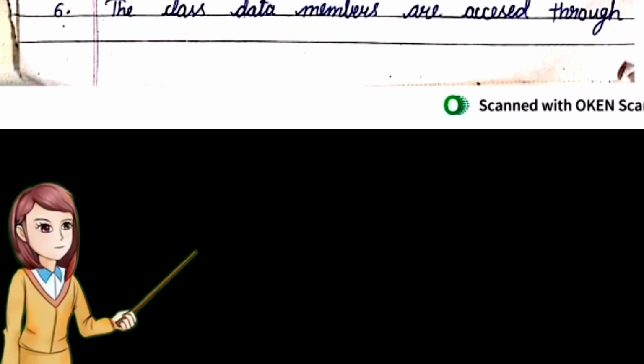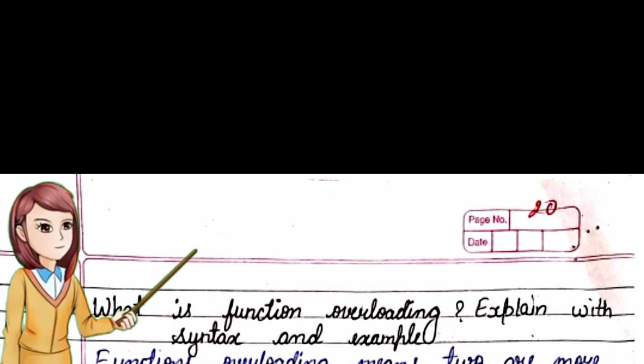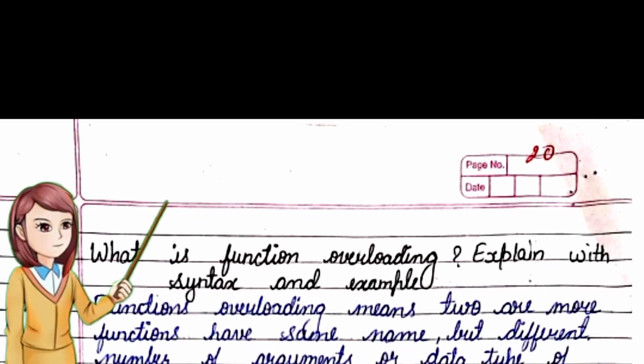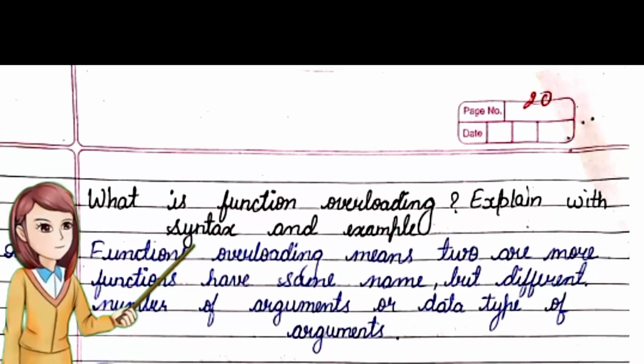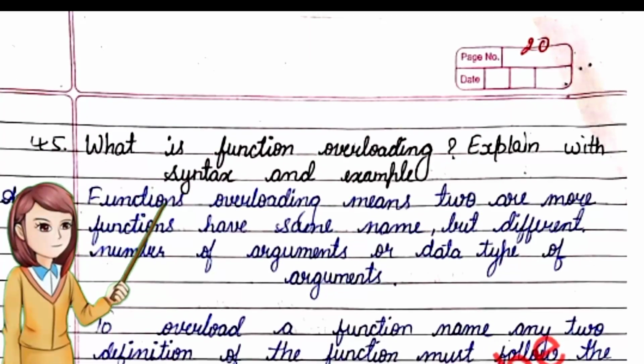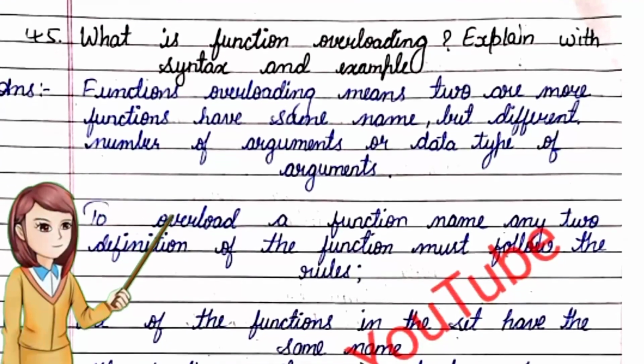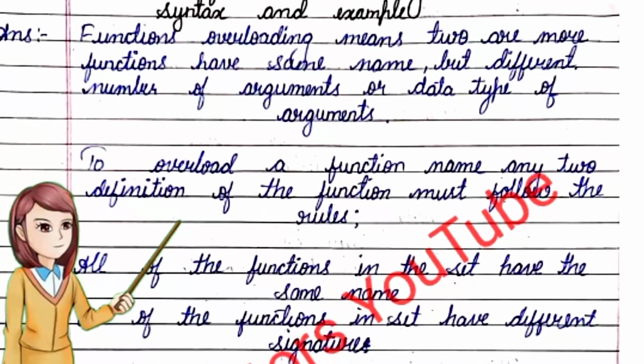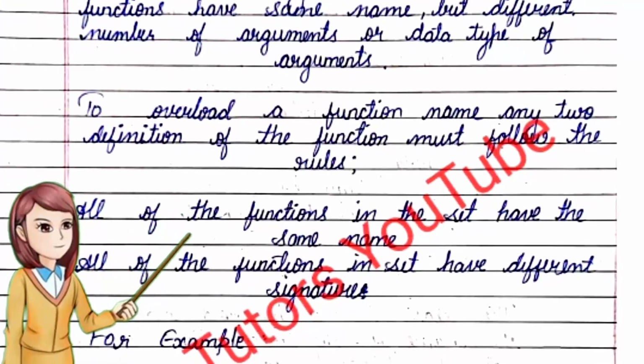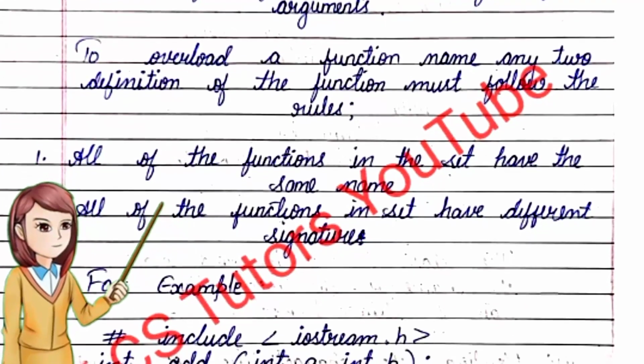Now 45th question, what is function overloading? Explain with a syntax and example. Function overloading means 2 or more functions have the same name but different number of arguments or data types of arguments.